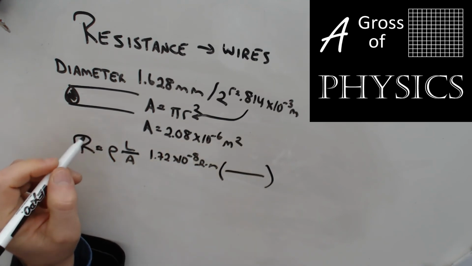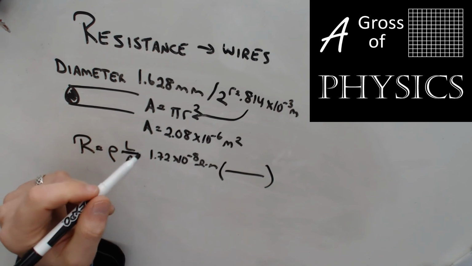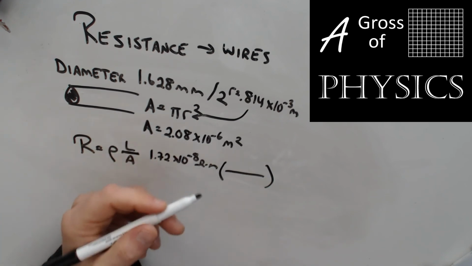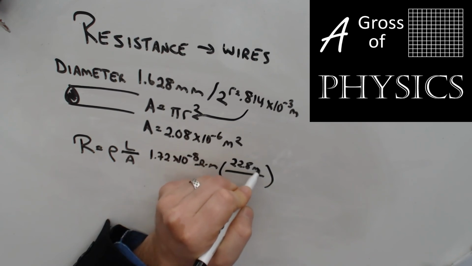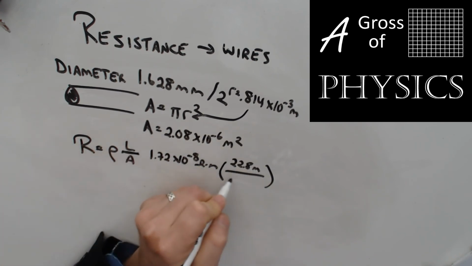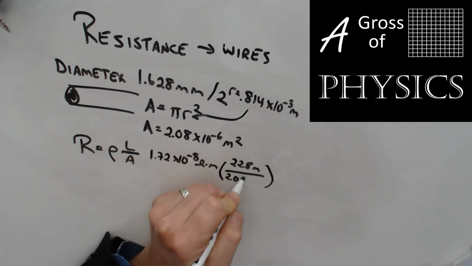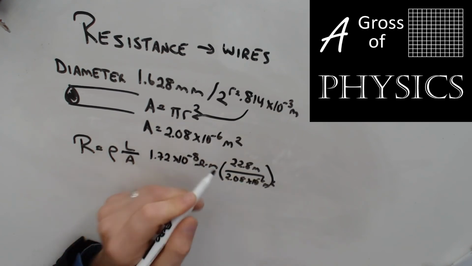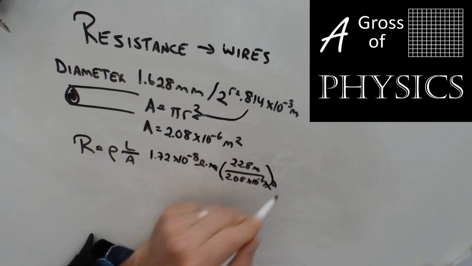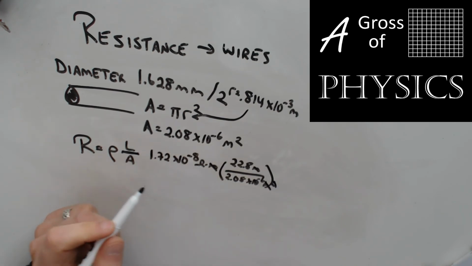L, let's just do, for this problem, I don't remember how big the roll was that I purchased, but let's just assume it's the same as the speaker wire so we can compare. 22.8 meters, and the cross-sectional area is 2.08 times 10 to the negative 6 square meters. Now, if you notice, these meters on the top will cancel the meters on the bottom, and you'll be left with ohms.